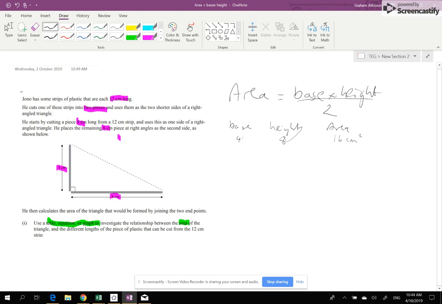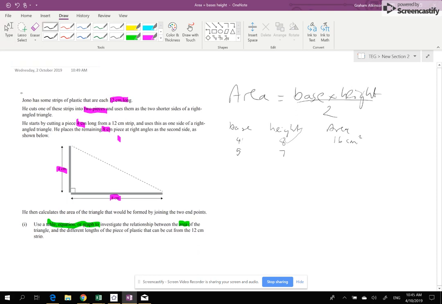Now, if you did one that was 4 and 8, you could choose another number, which would be your next go. Let's do a base of 5. And if the base is 5, the height has got to be 7 because 5 plus 7 has to equal 12. And 5 times 7 divided by 2 is 35 divided by 2, which is 17.5.